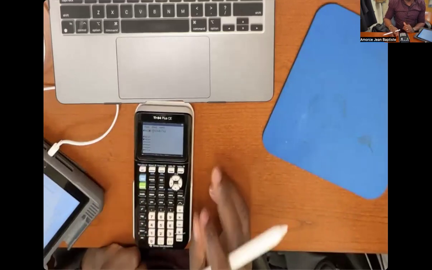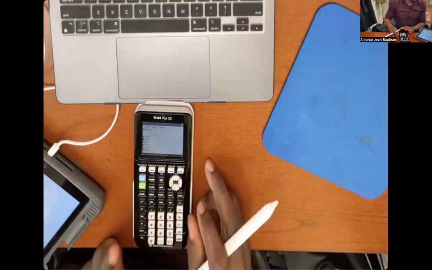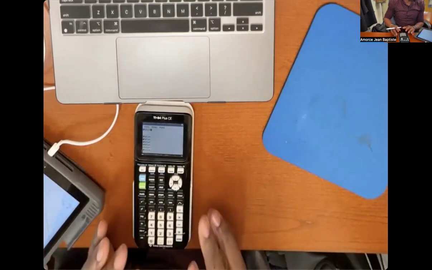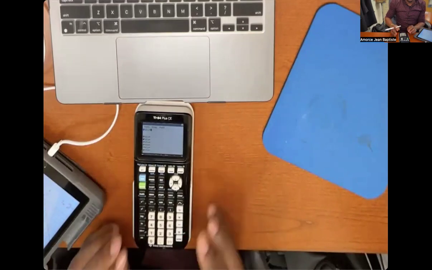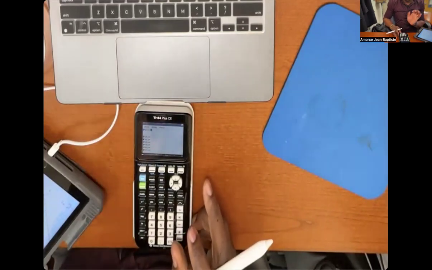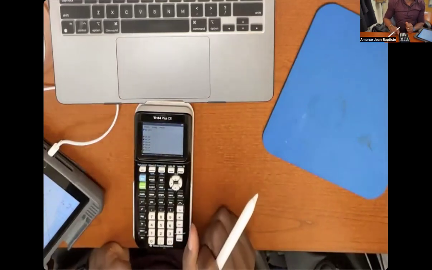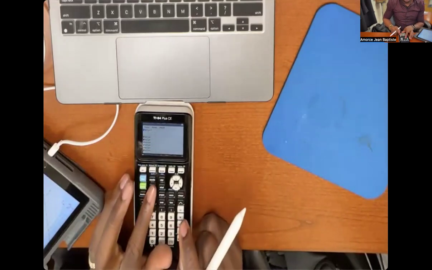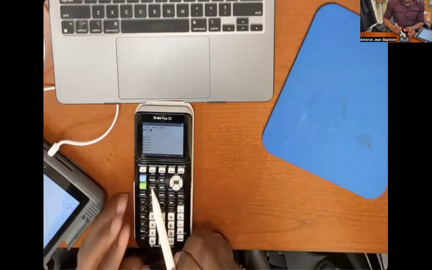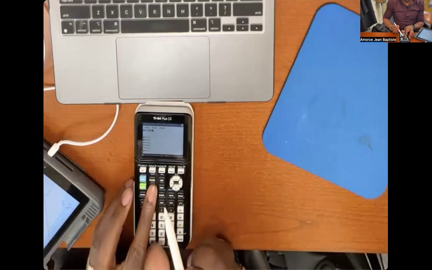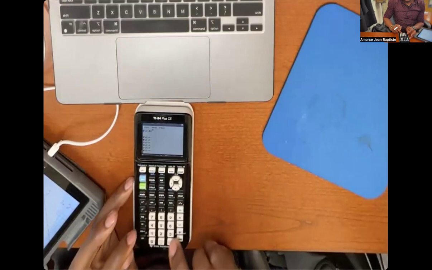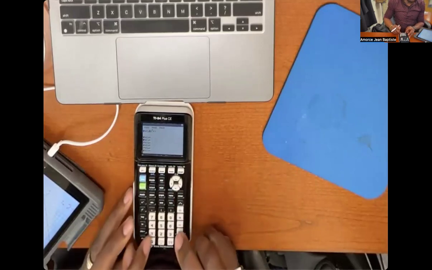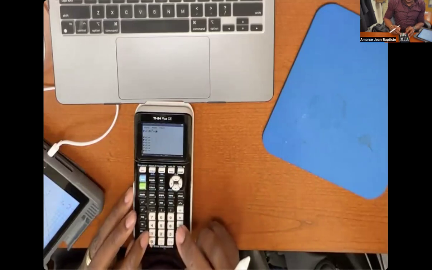So y equals, clear it. The function was f of x equals x to the third plus 6. I'm going to type both the function and the inverse. X raised to the third plus 6.